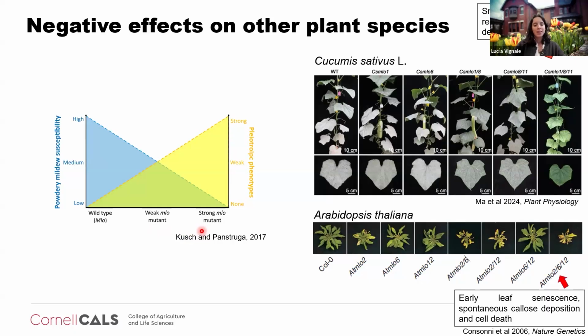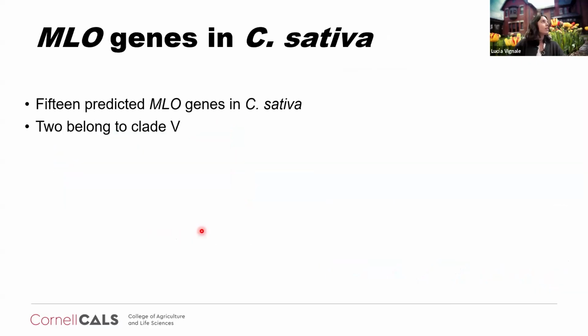So what do we know about this in cannabis? There are 15 predicted MLO genes in the genome of Cannabis sativa. This is from a paper from 2021. And 2 of them belong to clade 5, MLO1 and MLO4.